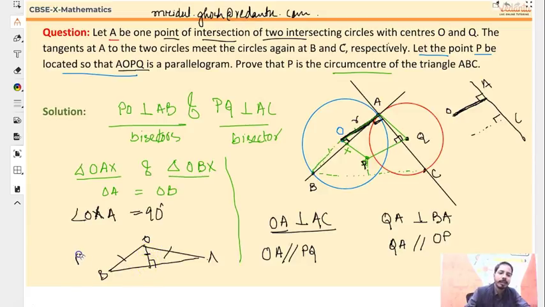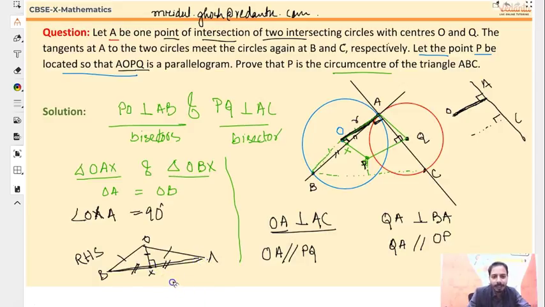So by the right angle hypotenuse side rule, these two triangles are congruent. So this part is equal to this part, so I can say that BX is equal to AX.